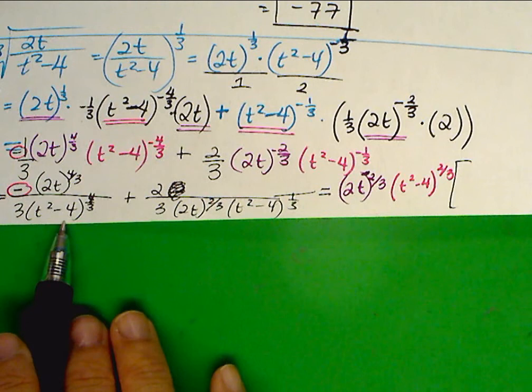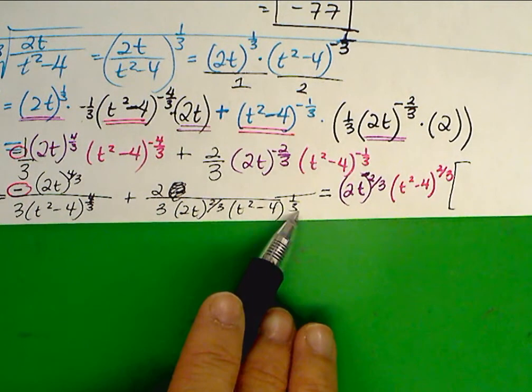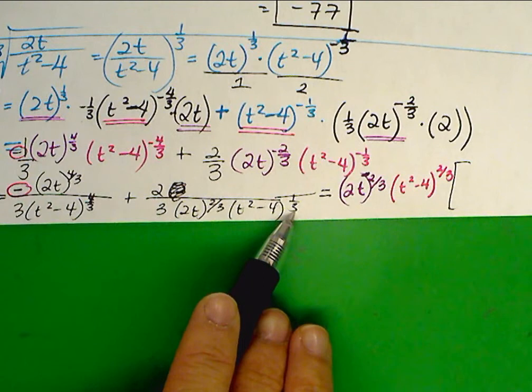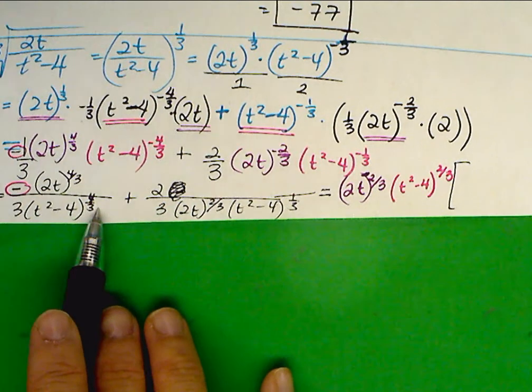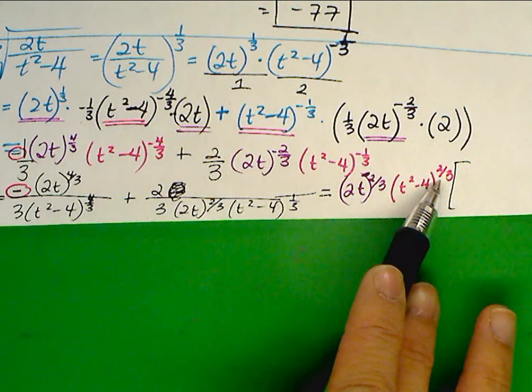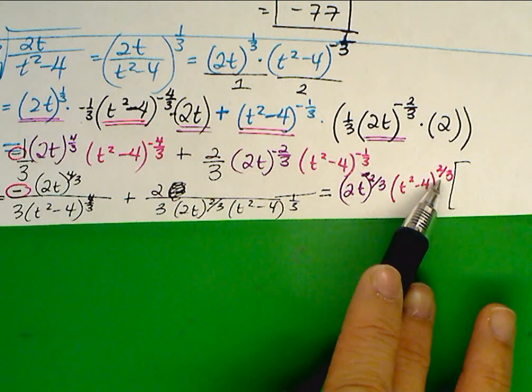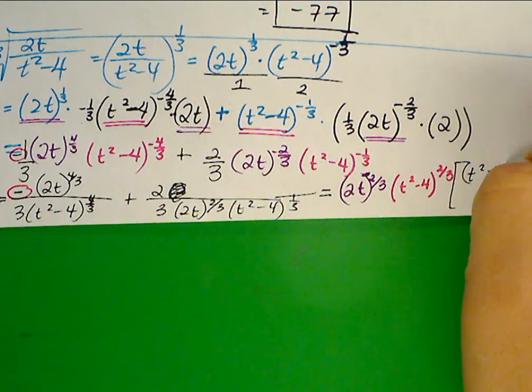From both, yeah. Whatever I have here, I'm subtracting this. So negative 4/3 minus 2/3, I'm taking away, negative 6/3, which is negative 2. So I'm going to be left with t squared minus 4 to the negative 2, right?